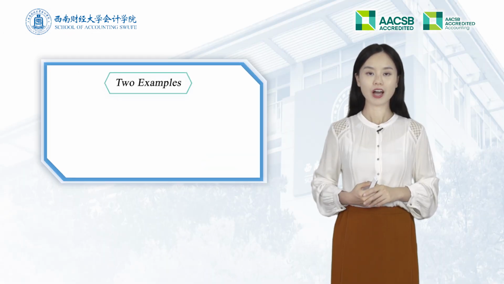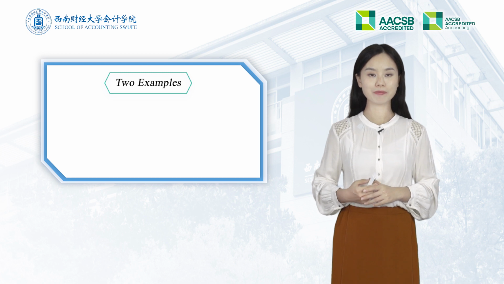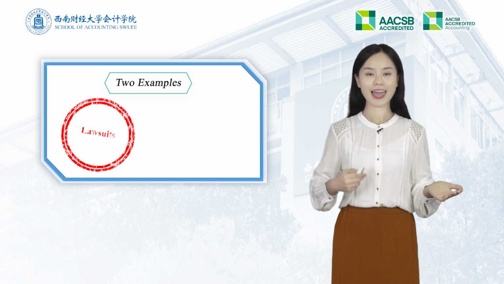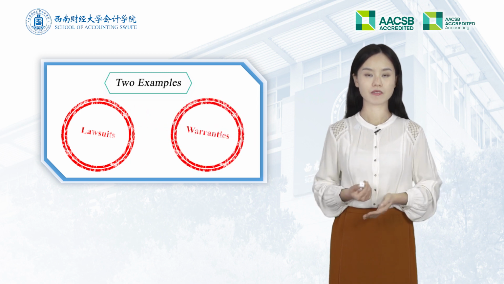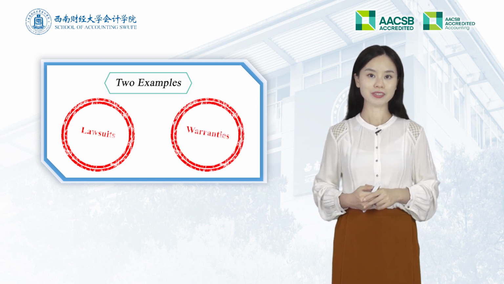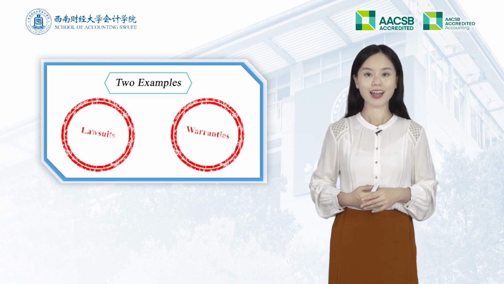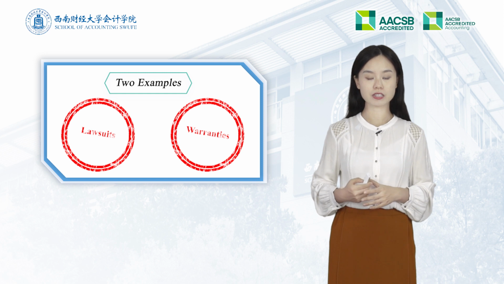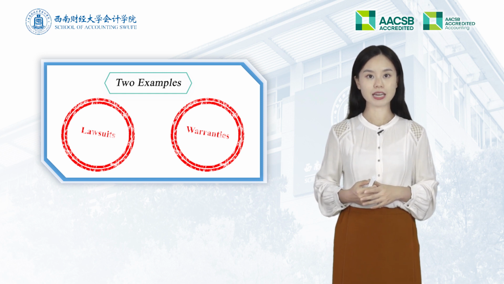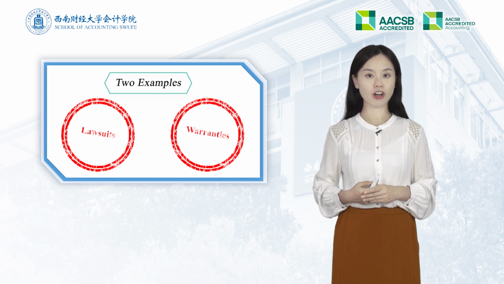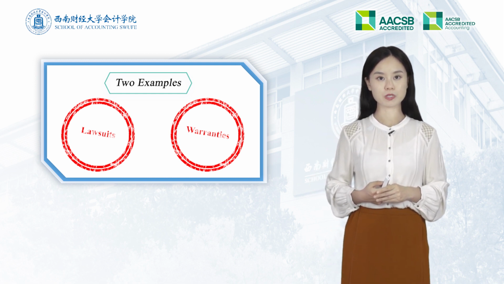In this video, we mainly introduce two examples of contingent liabilities: lawsuits and warranties. Lawsuits. Many companies are sued or at risk of being sued. Lawsuits are considered as contingent liabilities of a company because companies face potential losses from legal claims.